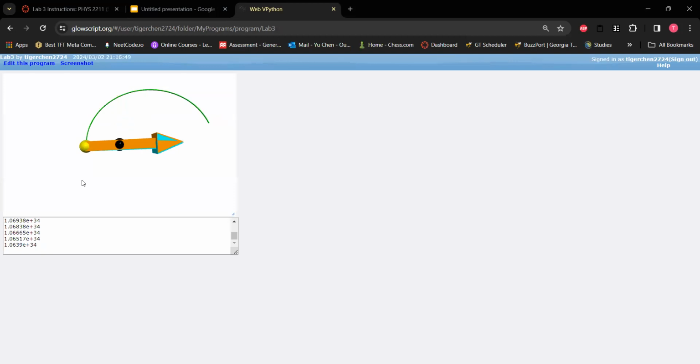That's strange. Oh, there we go. As you can see, it models the orbit around a black hole.